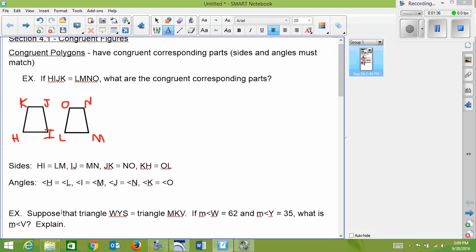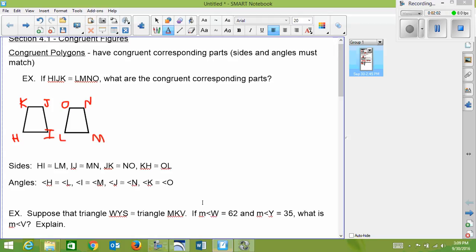So down here, suppose that triangle WYS is congruent to triangle MKV. So again, matching up W with M, Y with K, S with V. If the measure of angle W is 62 degrees and the measure of angle Y is 35 degrees, what is the measure of angle V? Well, notice here that they give you the W and Y for this triangle and then the V for this one.